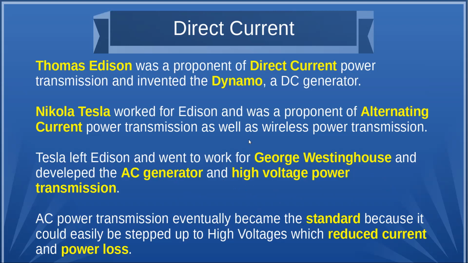So you're going to have less power loss because power is I squared R. So the lower the current, the less loss you're going to have in the conductor. So if you raise it up to 1,000,000 volts, you've got a lot less current. And that's eventually what happened, and Edison lost that one.